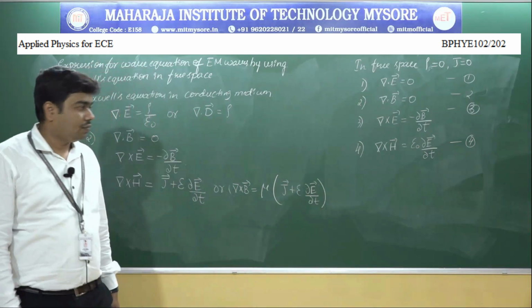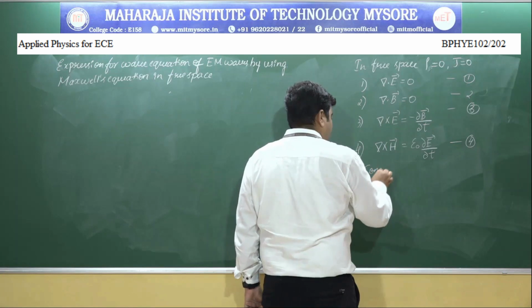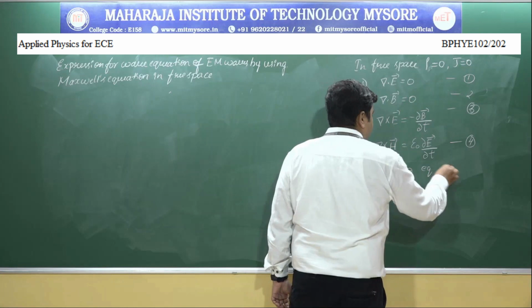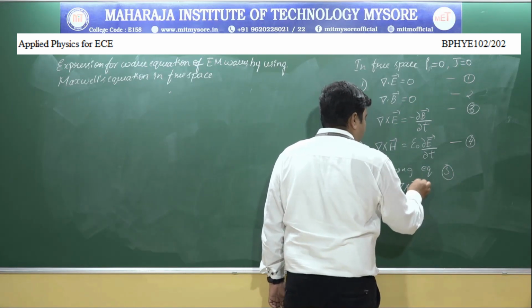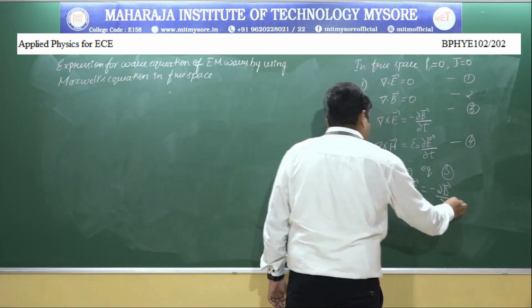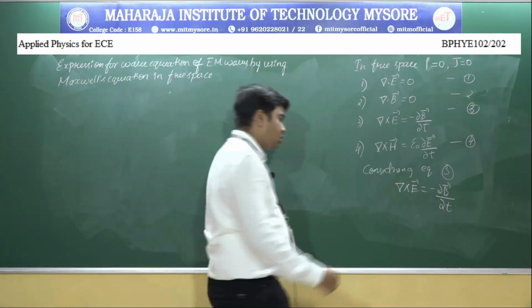for an electromagnetic wave. Now, let us consider equation 3. Considering equation 3, del cross E is equal to minus dou B by dou T. Now, we will apply curl on both sides of the equation.